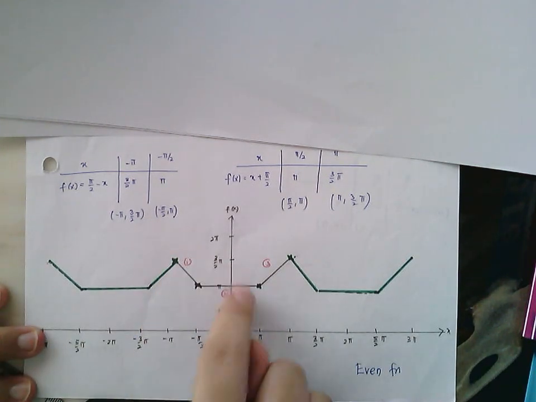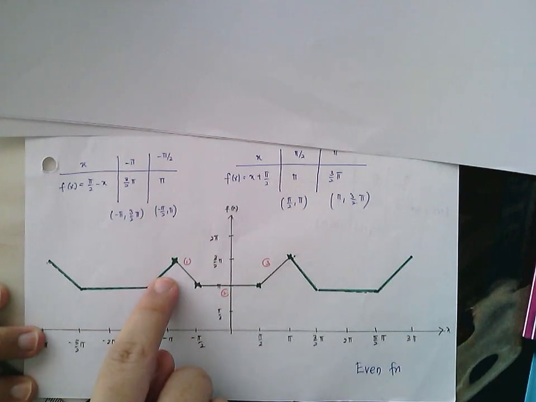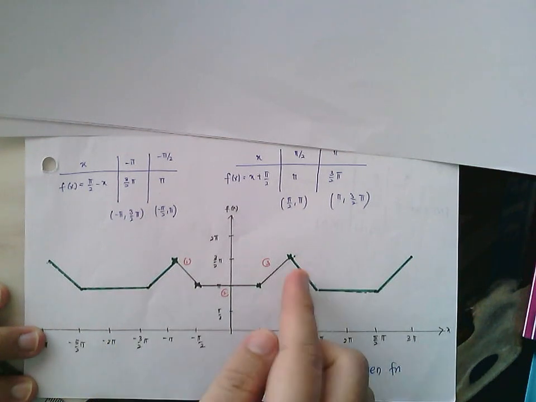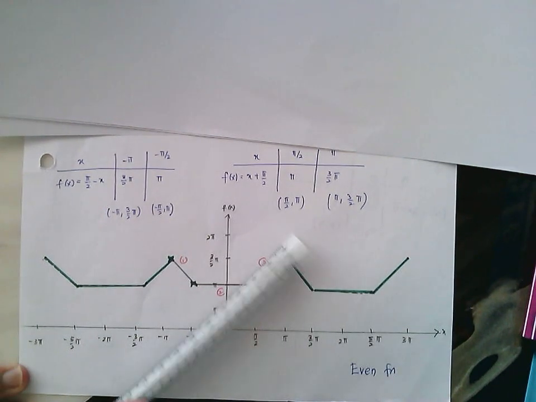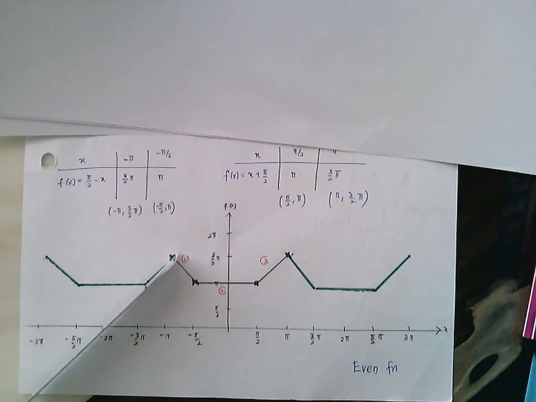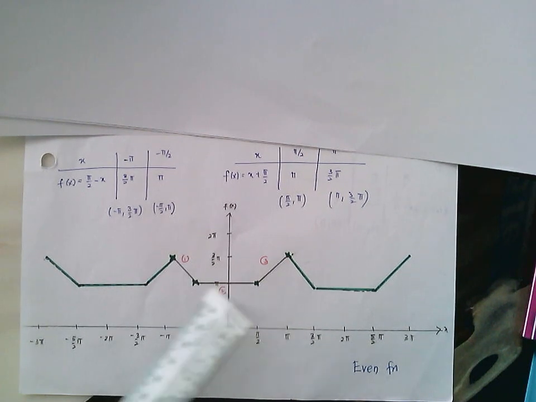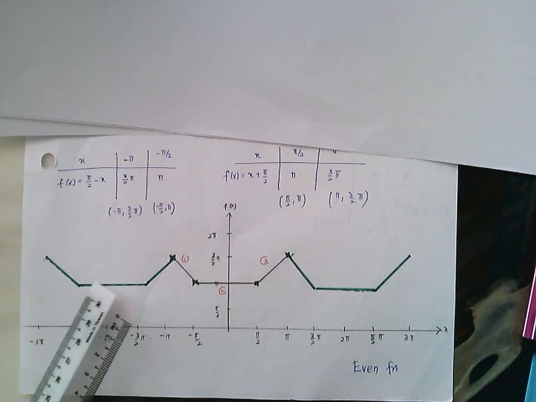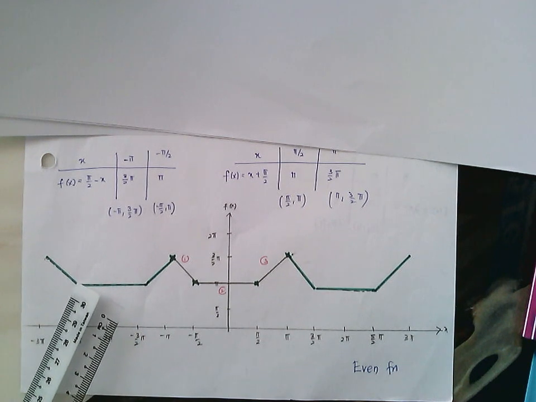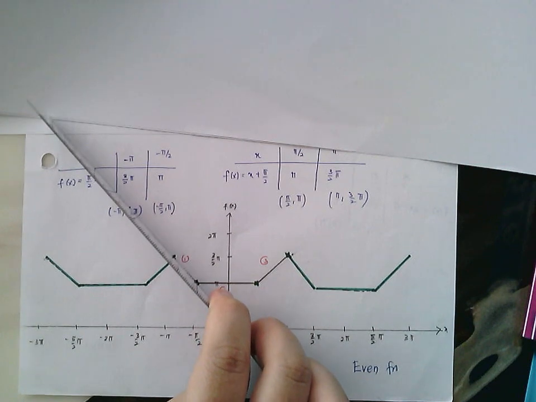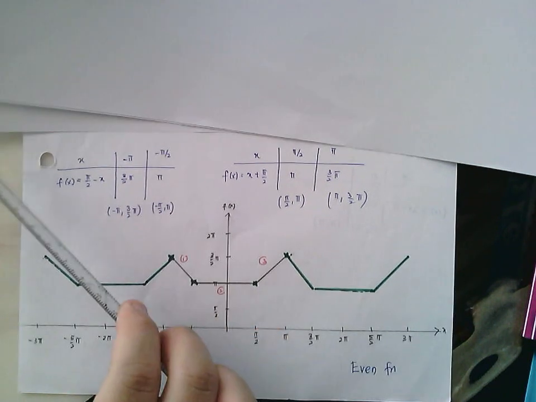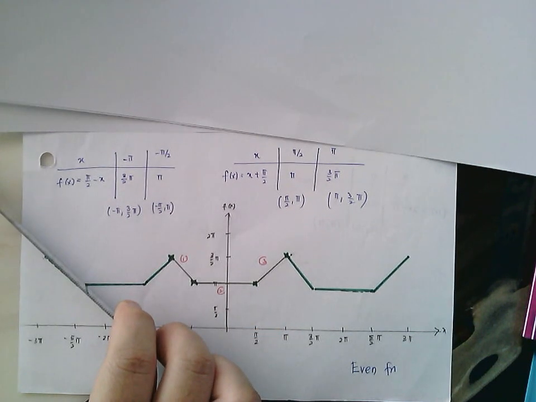So this is 1, 2, 3, so on your left hand side it should start with 3. Your function for number 3, you have this line. The next one is function number 2, so you will have a straight line here, and the last one is function number 1, where the line is in this way, so that's why you have another one here.